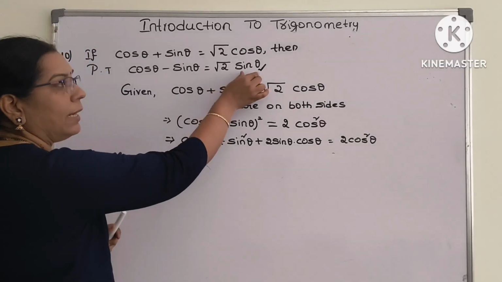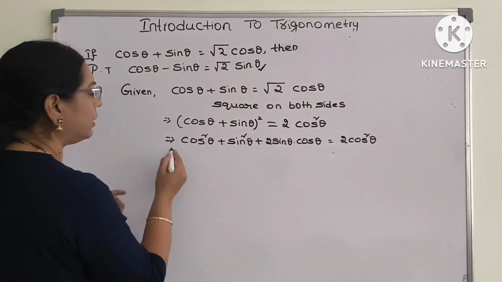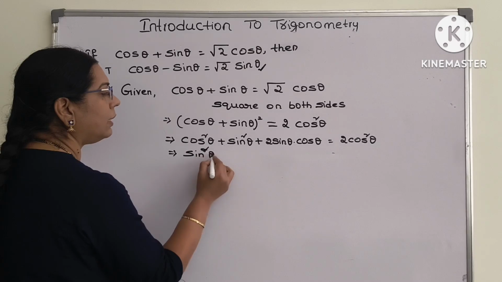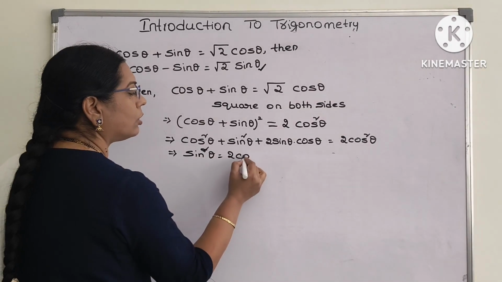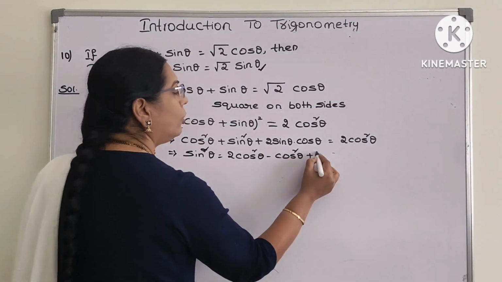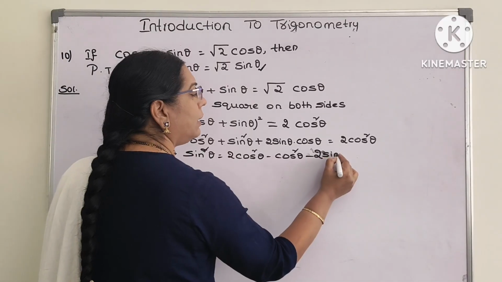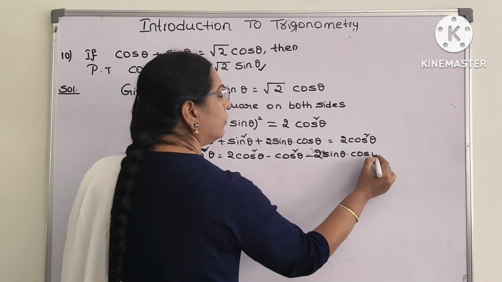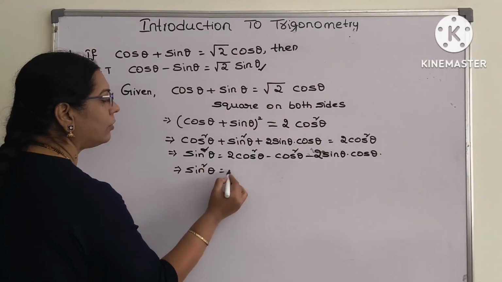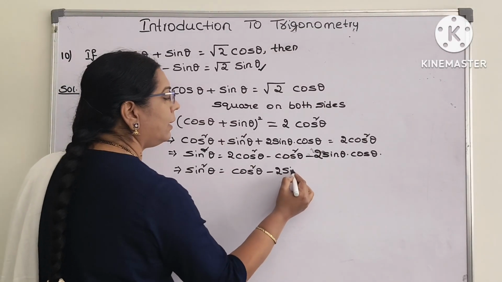So on one side I have a sin theta, so I will keep this sin square theta here and shift the rest of the terms to that side. So basically sin square theta is equal to 2 cos square theta minus cos square theta plus 2, plus will become minus 2 sin theta cos theta. So this implies sin square theta is equal to cos square theta minus 2 sin theta cos theta.